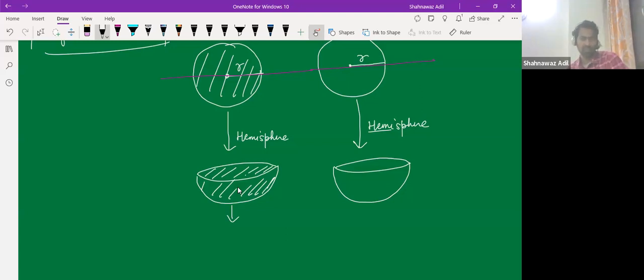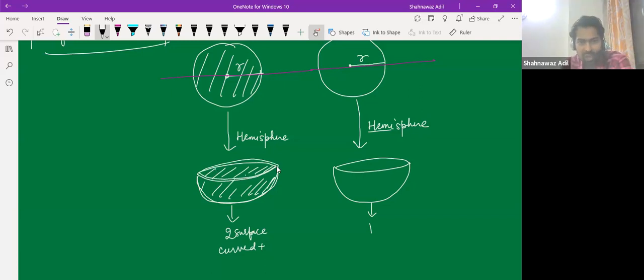Two surfaces. And for this one, how many surfaces? One, right? Because this part is empty. This has two surfaces because one is this curved part, and the other one is this top part, which is of a circular shape, right?